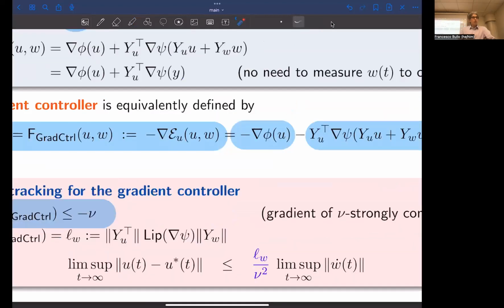And then, because of the L over C squared theorem, your gradient controller will be tracking the optimal control signal with an error of size L over C squared times how quickly my disturbance changes. If the disturbance changes quickly, then I'll track with some error.